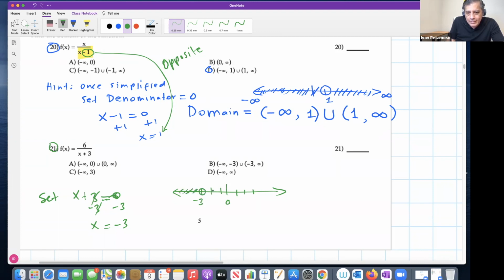We take everything else. They want this as an interval. So it's going to be from negative infinity up to -3, within parentheses, union -3 up to infinity, right? Which is here. Very good, guys. Excellent. This one. Very good. That was for 21.